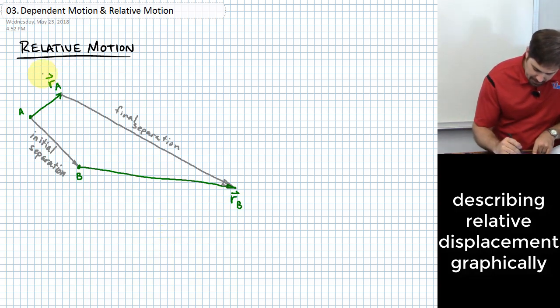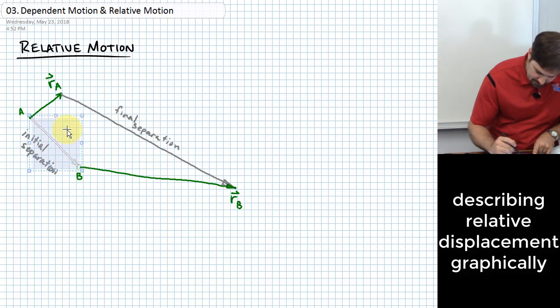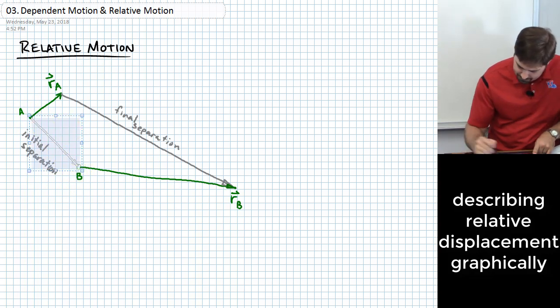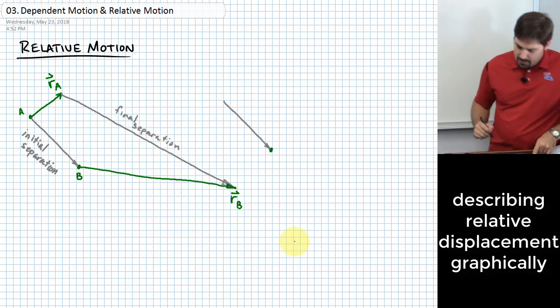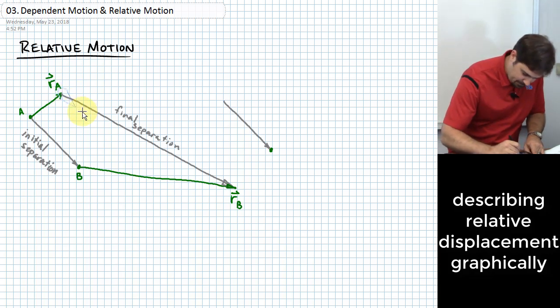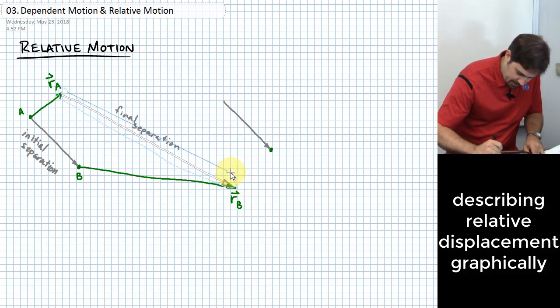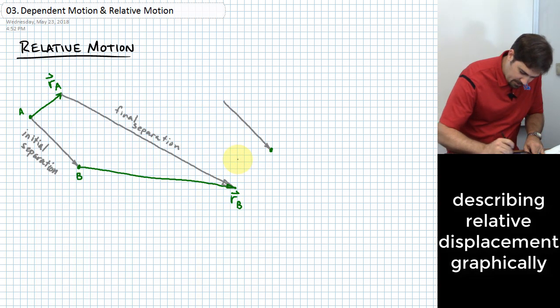I'm going to start with, what if I take my initial separation, all right? So I'm going to take that vector right there and copy it. Put it right here. And then I'm going to take my final separation. I'm going to start it at the same location.